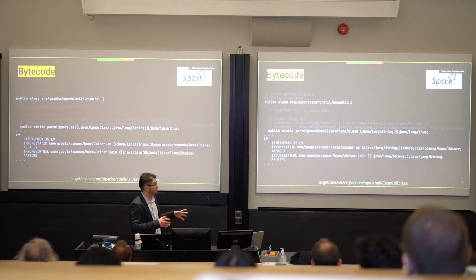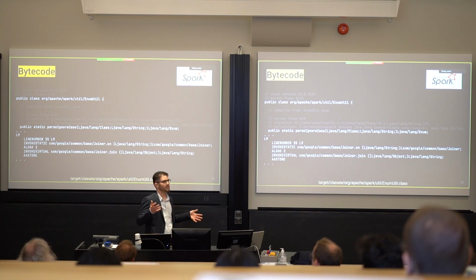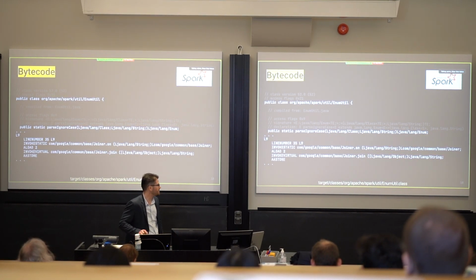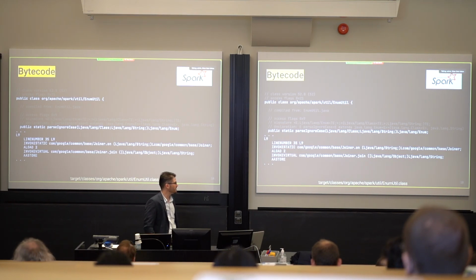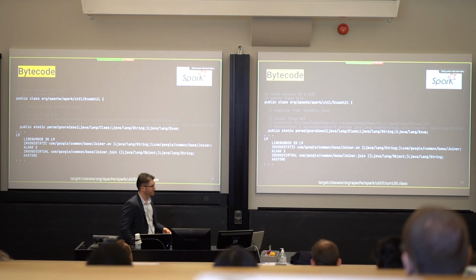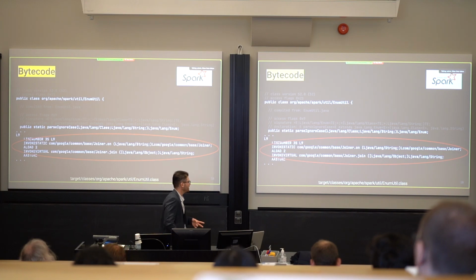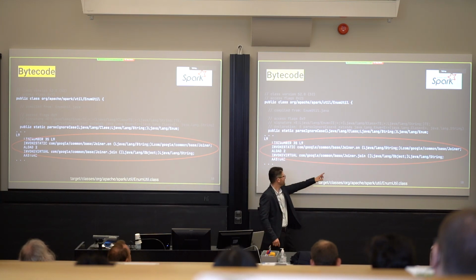But once the previous class is compiled using the standard javac compiler, you get this class, a new util.class. And as you see, there are 2 invocations. There is one invokestatic to the method on in the class Joiner here.